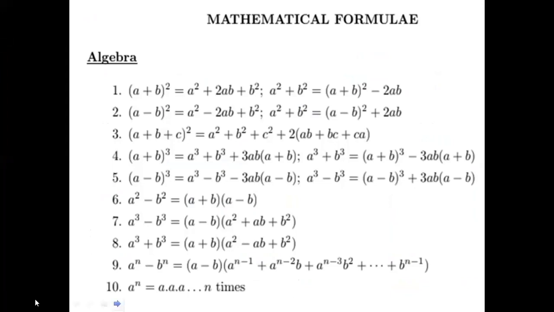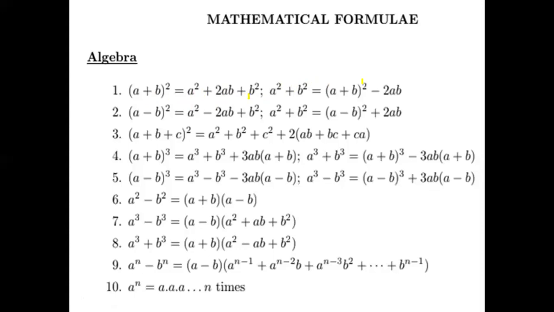And if you want to modify it, like if you want just a square plus b square, we can just shift that 2ab to the left hand side as minus. So a square plus b square is a plus b bracket square minus 2ab.